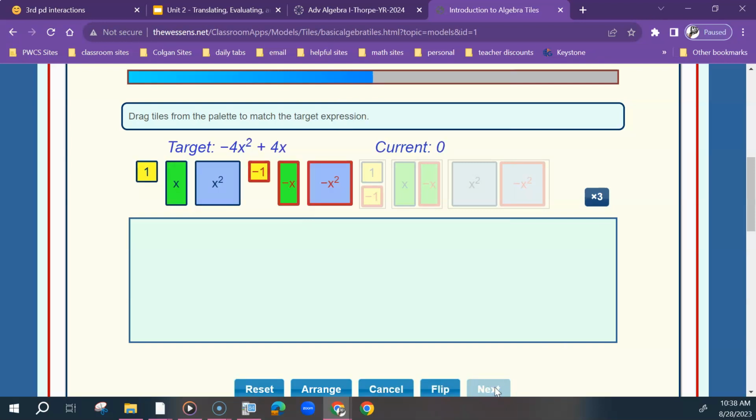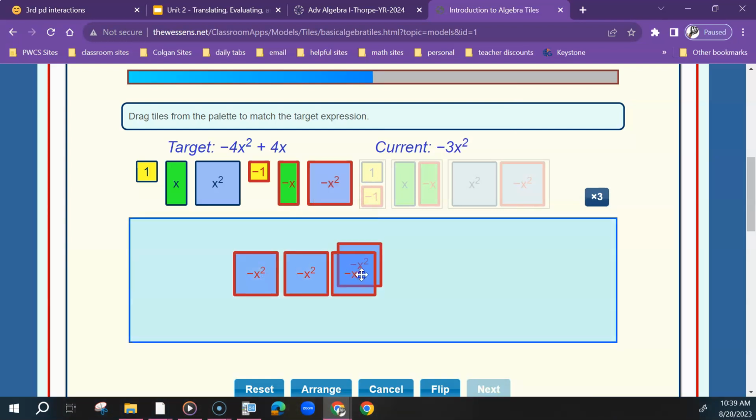Alright, now it's taking a step further. Now it's doing 2 things. So someone tell me just one of these things. How would we model either the -4x squared or the 4x? Okay, so we would have 4 of the big squares, I mixed those 2 words up. Try again. The big x squares on the negative side. If I could speak today, that'd be great.